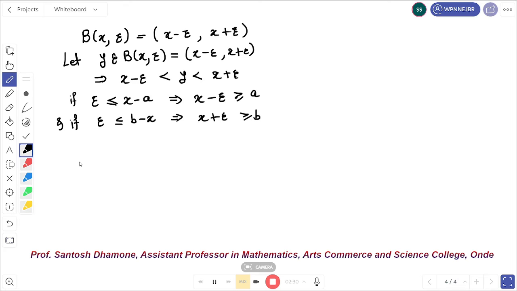This implies that the open interval x minus r to x plus r is contained in capital A, equal to the open interval (a, b).